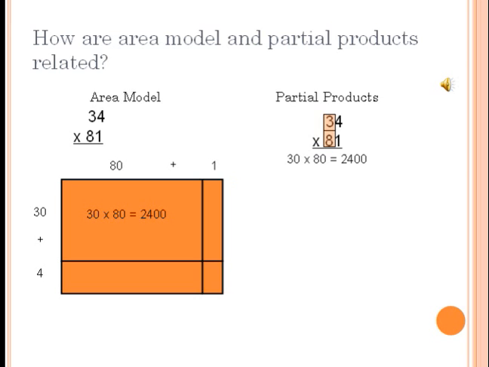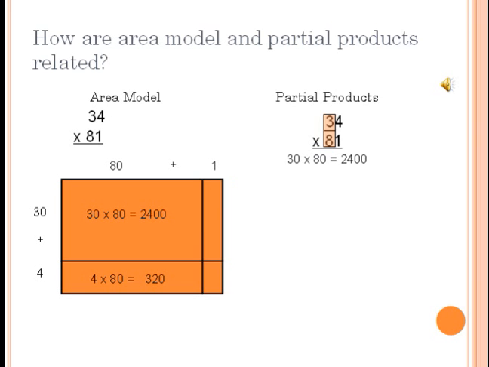You'll notice that we're showing you both the area model and the partial products model, but when your students are solving these problems, they will only use the partial products model and will not actually draw the area model. So if we look to our area model, we look to the next equation. We have that 80 times 4. 80 times 4 is 320.